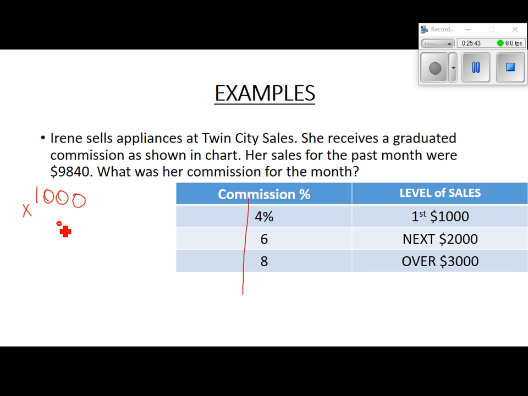Make sure you change it to a decimal, so you bump it over, how many places, Nathan? 2. So 0.04. Somebody tell me what that is. 40? Is that right? So how much money did she make on this first 1,000 right here? $40.